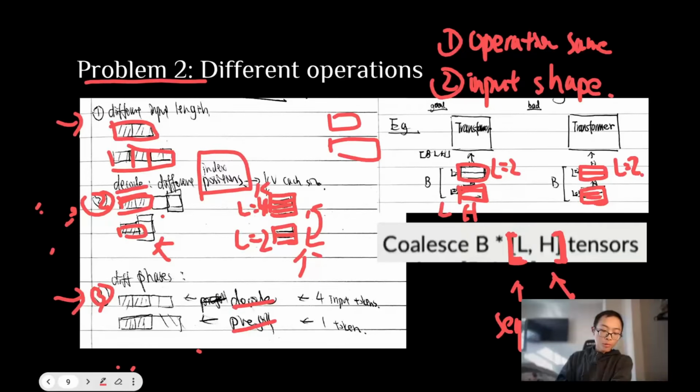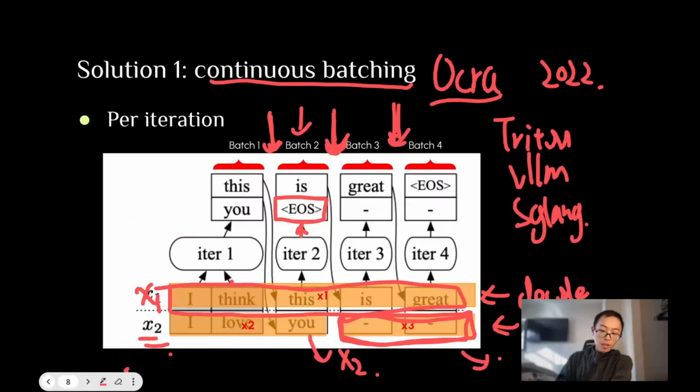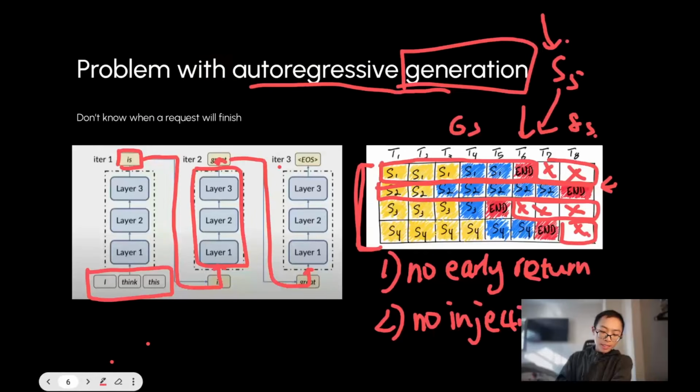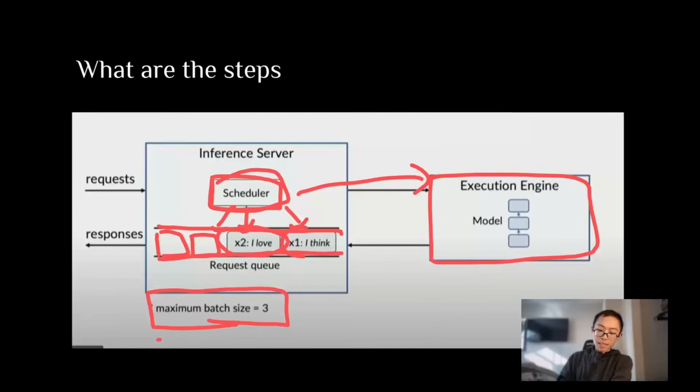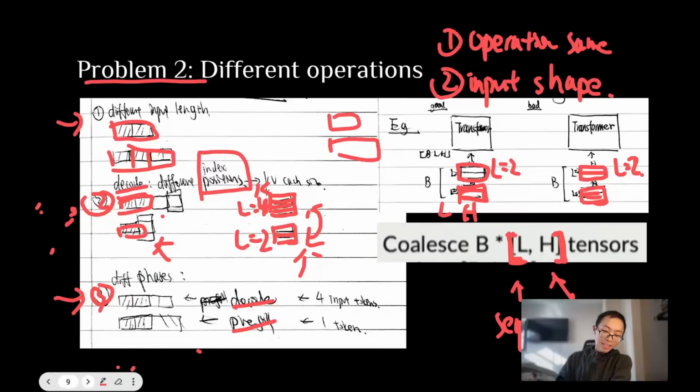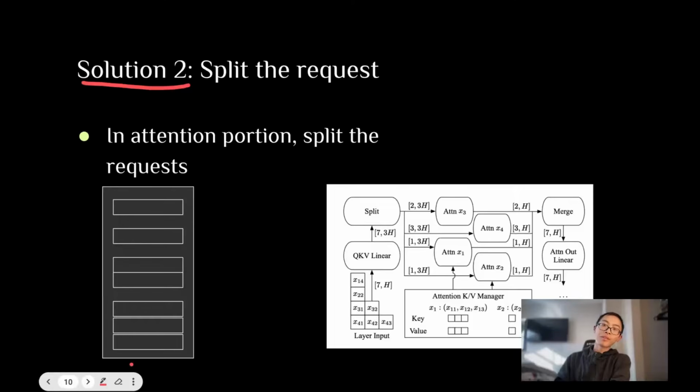In real workloads, it's really hard to find requests of the same size, right? Many requests are different sizes, and some are decode, some are prefill. Therefore, it seems we can't even form a batch in real life. Then, how to solve this problem?